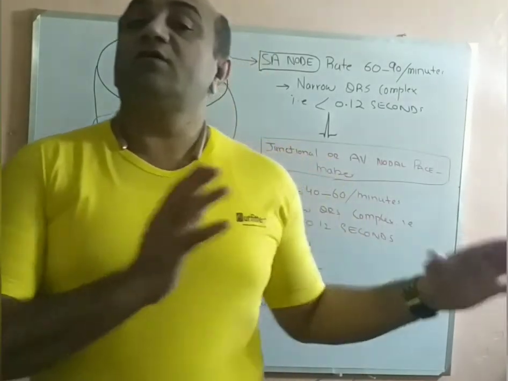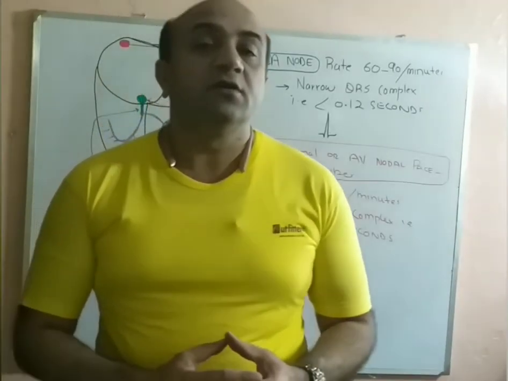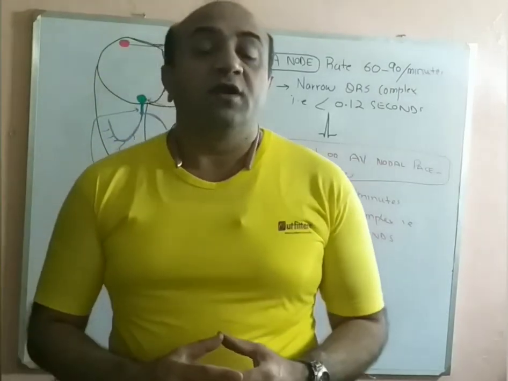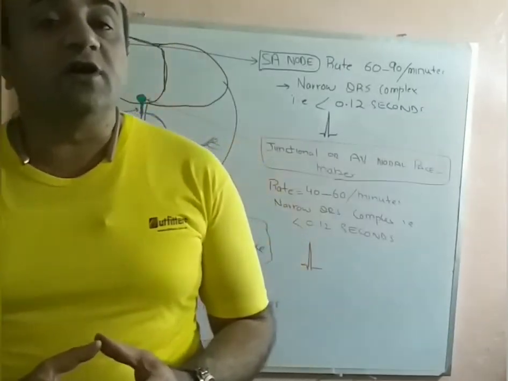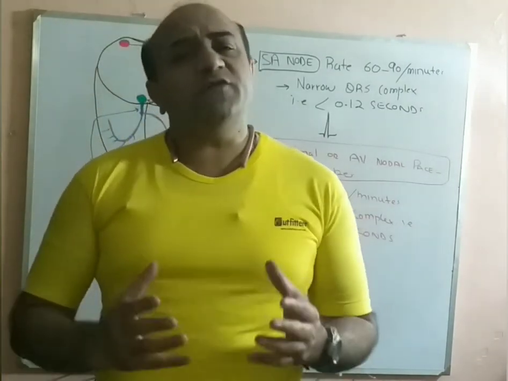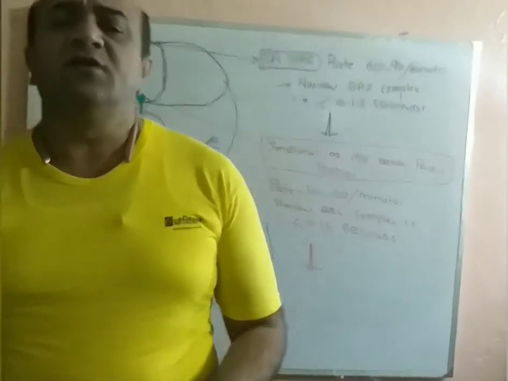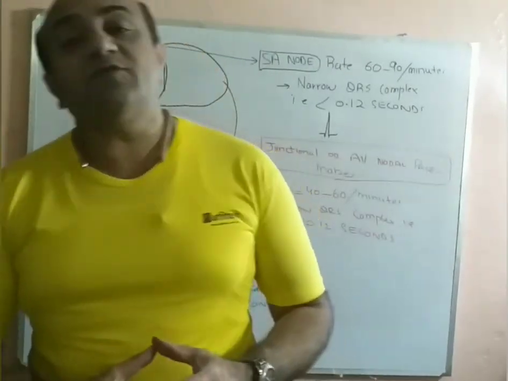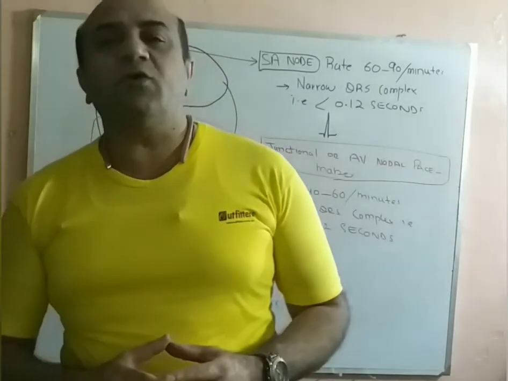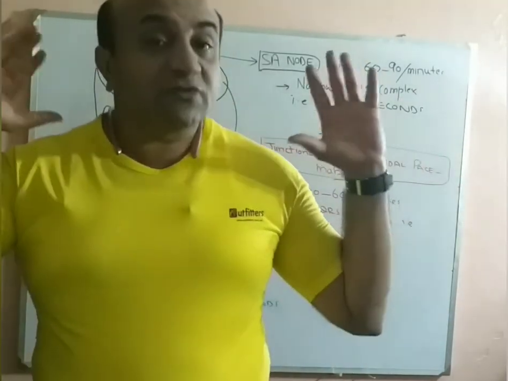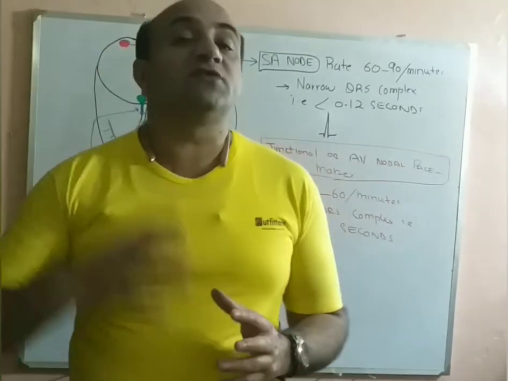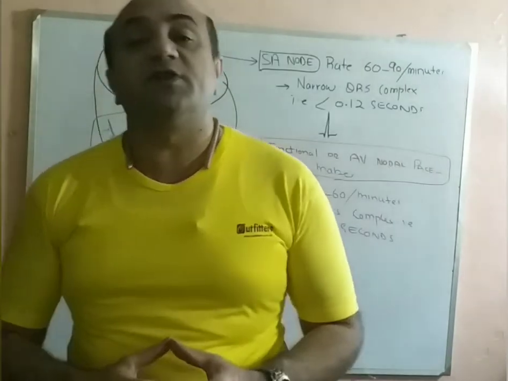But why are the other two dormant? Because the SA node is firing more in number, and the ventricle is happy with the performance of the SA node. So it gives the SA node that much importance that the other two, which otherwise fire at a rate lower than the SA node, remain dormant as long as there is not an emergency situation where the impulses coming from the SA node cannot reach down to the ventricles.